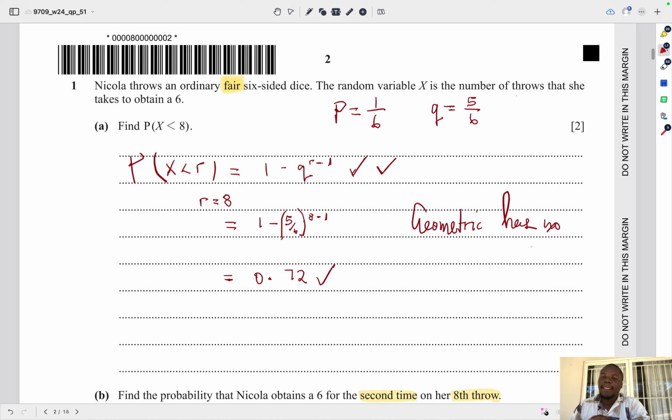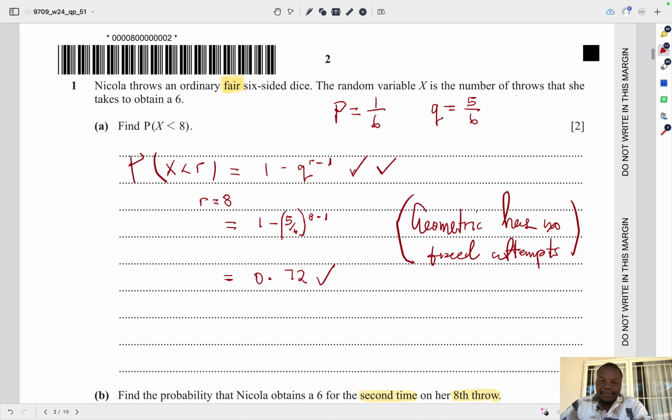I'm just going to write that. That is why this question was important, because we said we obtain a 6 in less than 8 throws. So 8 is not a fixed number of throws, no. It's just telling us in what time frame or attempt frame we should be successful.